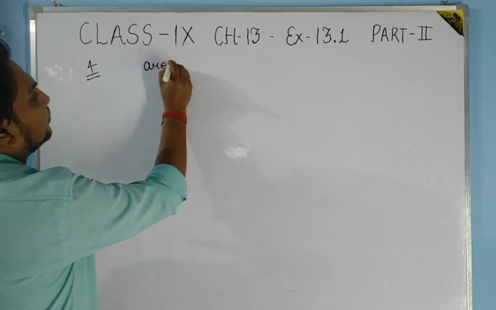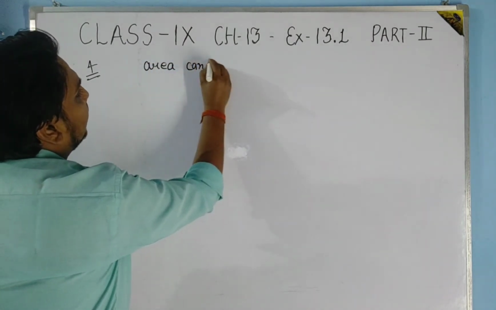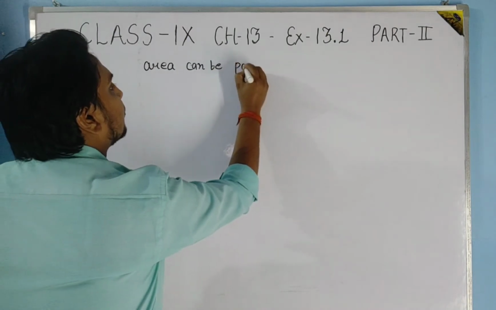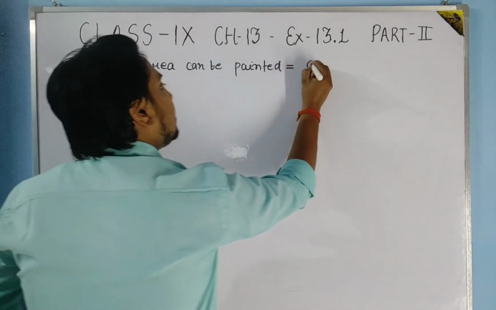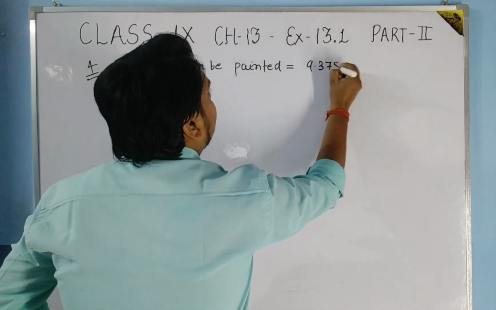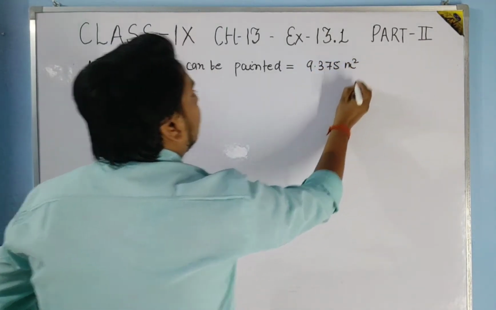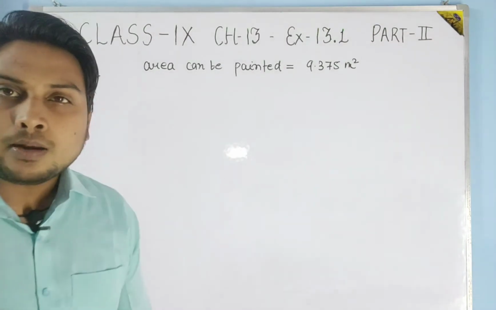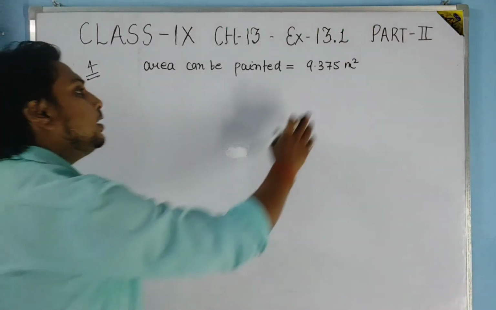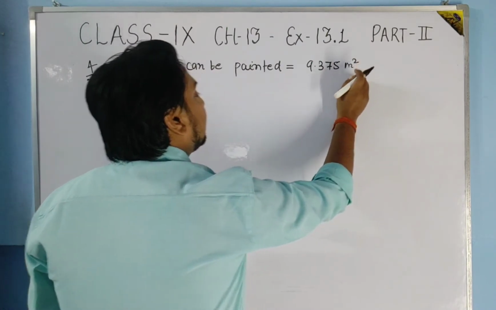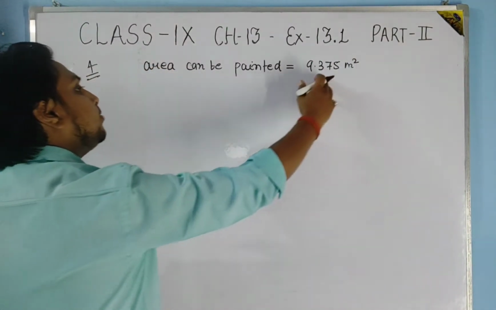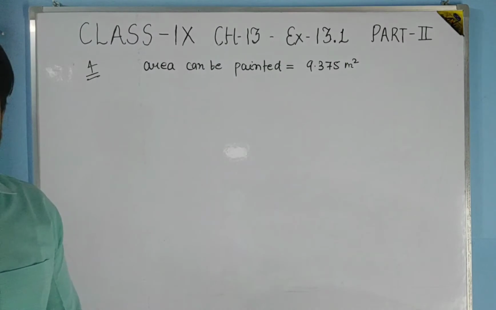The area that can be painted is equal to 9.375 meter square. In a container paint is there, and that paint can paint the area equal to 9.375 meter square.